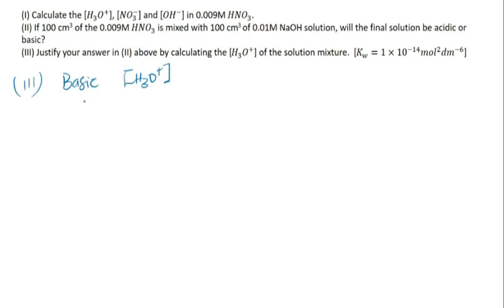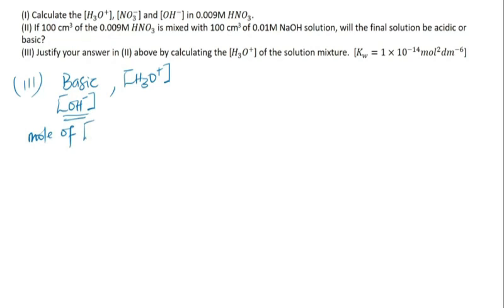Now, before we do that, we need to know the amount of OH⁻. Since we are saying the solution is basic, it means there is an excess OH⁻ in solution, so we need to find the concentration of the excess OH⁻ before we can calculate the concentration of H3O+.